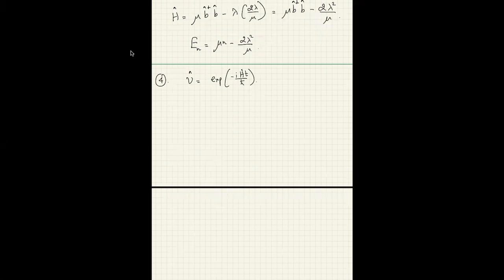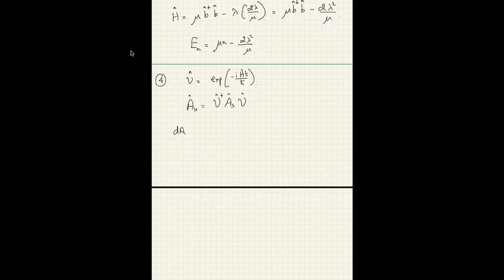The first half of this problem is to define the Heisenberg operator using U dagger, Schrodinger operator, U, where U is given by exponential minus iHt over h bar. Now, since A_H is explicitly time dependent, you want to figure out the equation of motion. How does A evolve with respect to time?